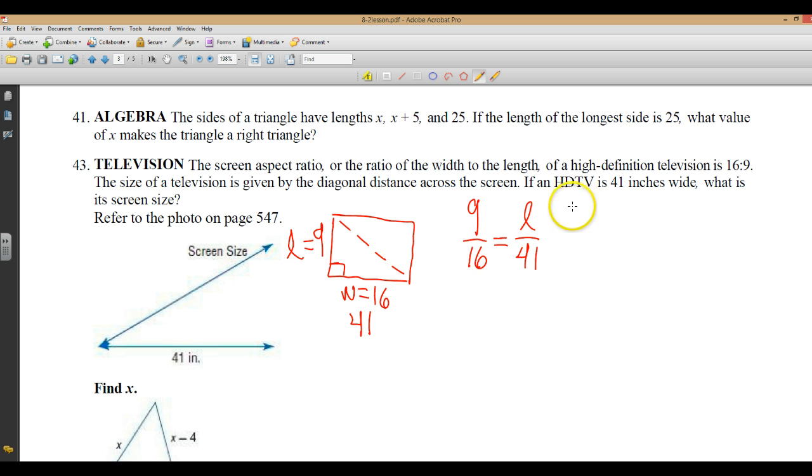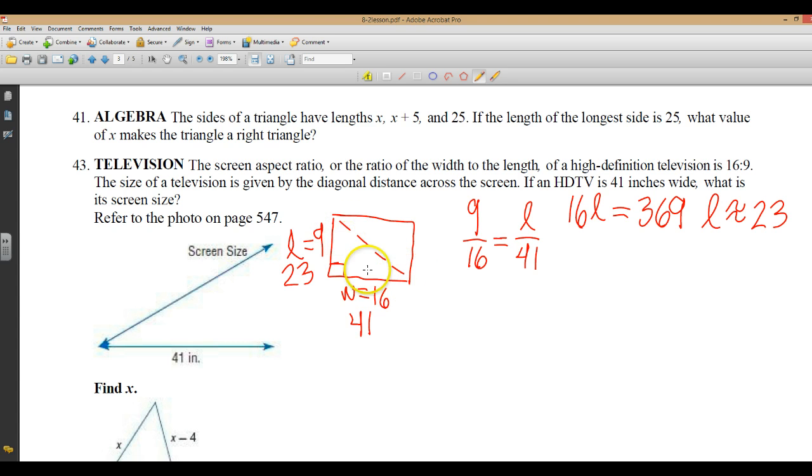So if we cross multiply, we get 16 times our length is equal to 369, which we divide by 16 and we get approximately 23. So our length is approximately 23 inches.